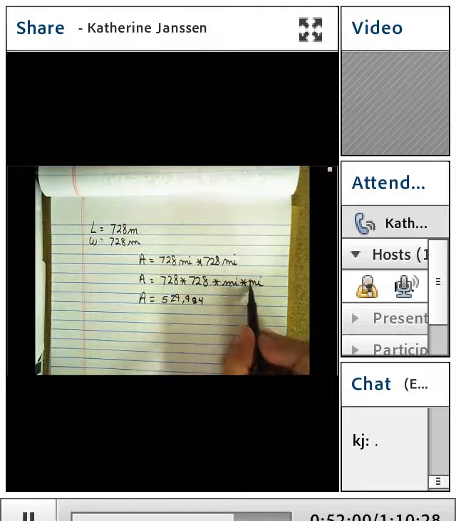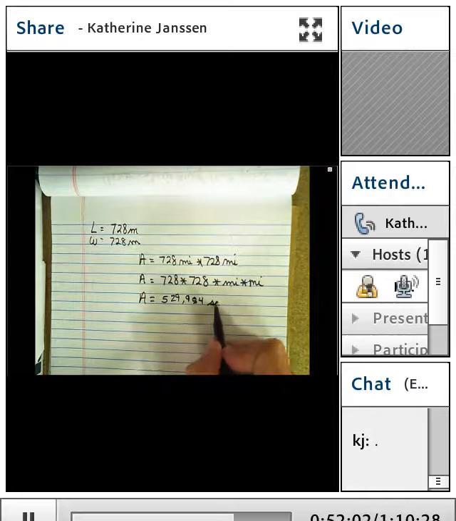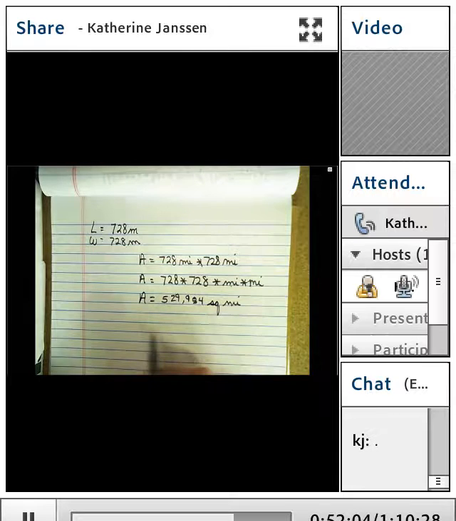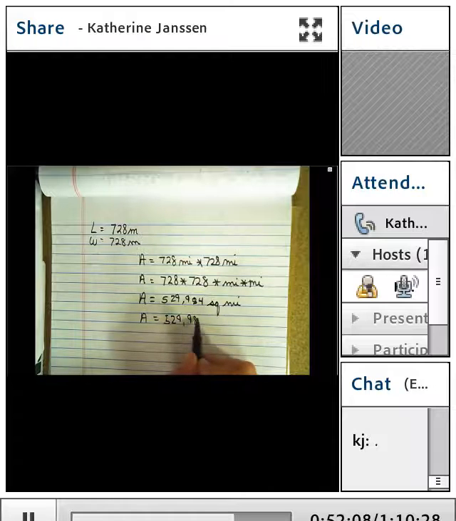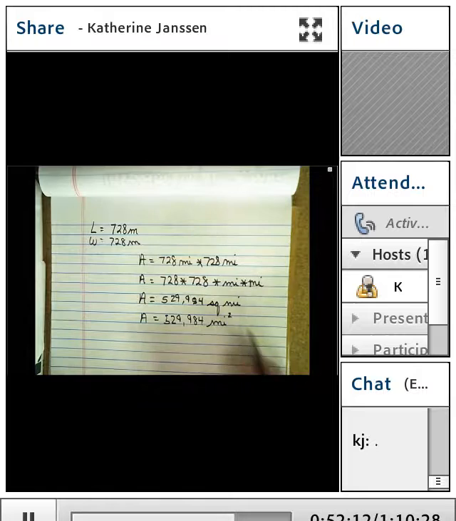And miles times miles would be square miles, or using exponents, miles times itself 2 times.